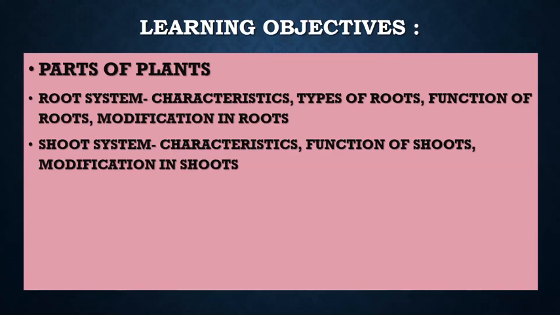So we will know about the root system. We will study its characteristics, types of roots, function of roots, and the various modifications found in the roots. We will know about shoot system, its characteristics, functions, and modifications.